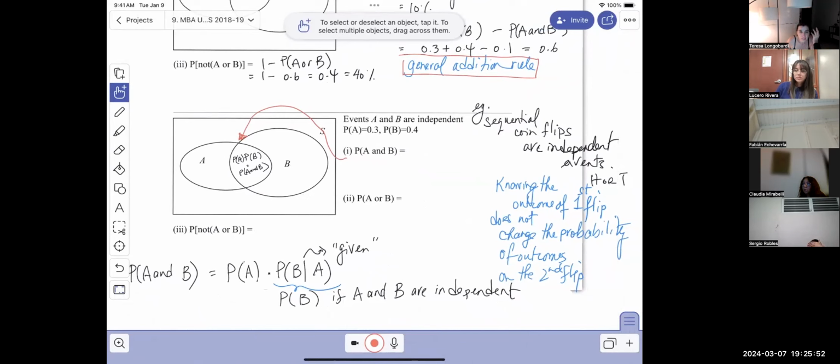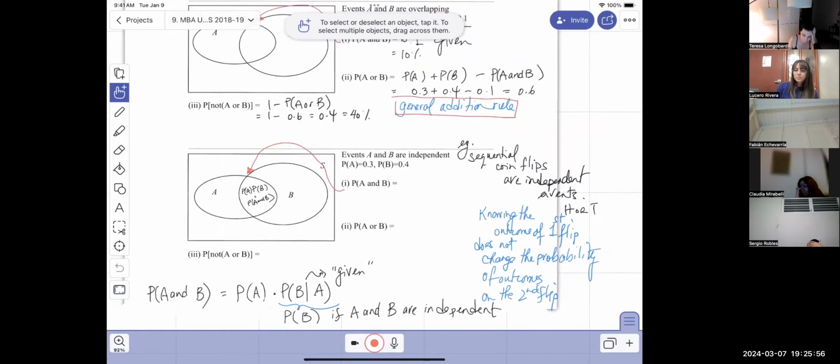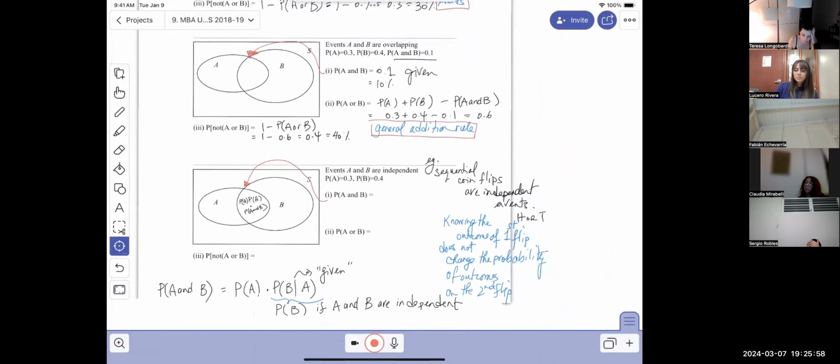All right. So given the fact that they're independent, it still looks like overlapping. But in calculating this, you can calculate it without knowing this extra term, because it reduces to just being the probability of B because of independence. It doesn't matter if A happened, the chance that B happens doesn't change, just like the coin flips.